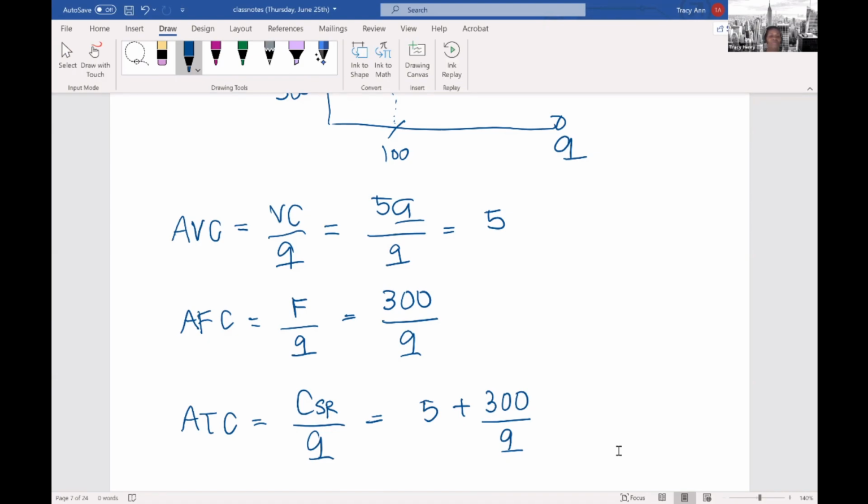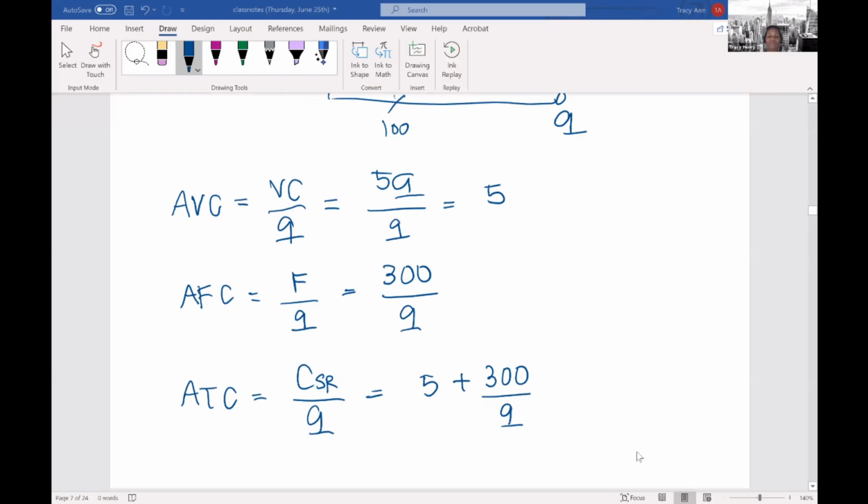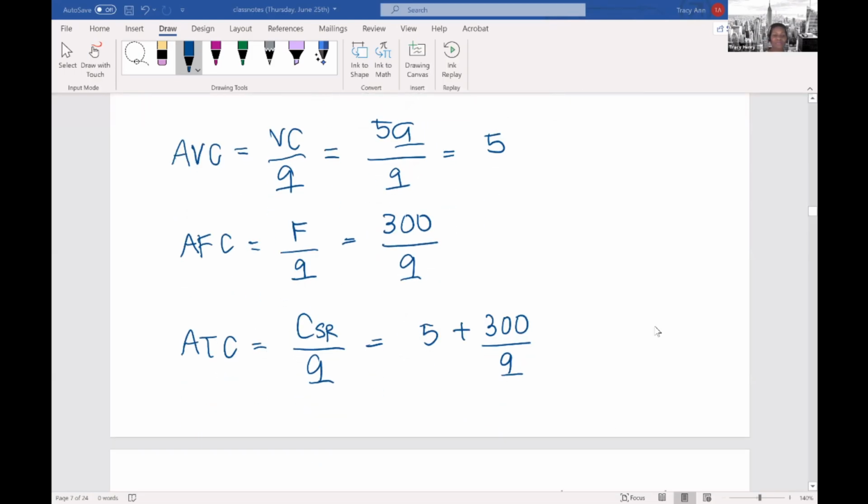Which one are you asking if it is fixed or variable? The 5 is variable cost, but it's a constant variable cost.